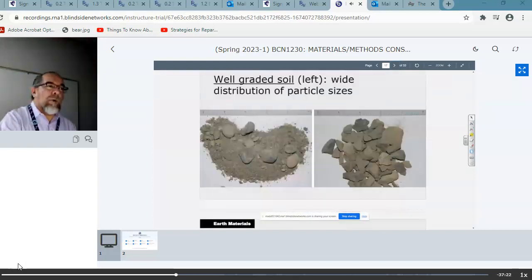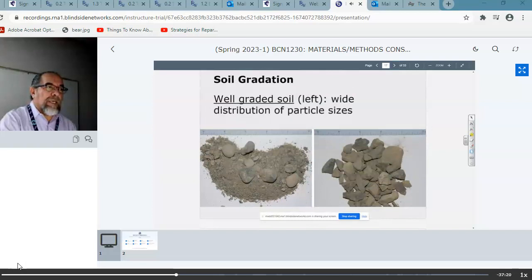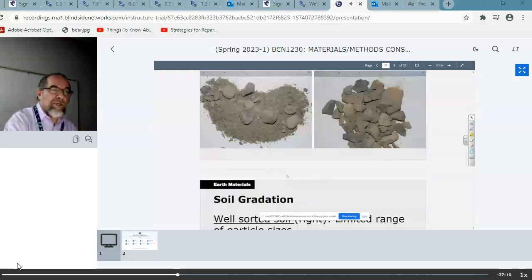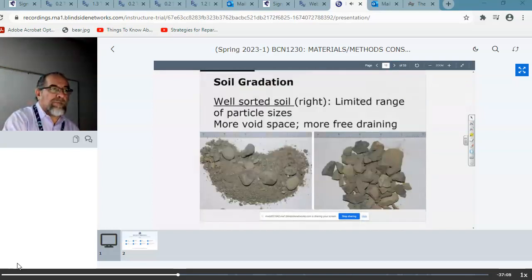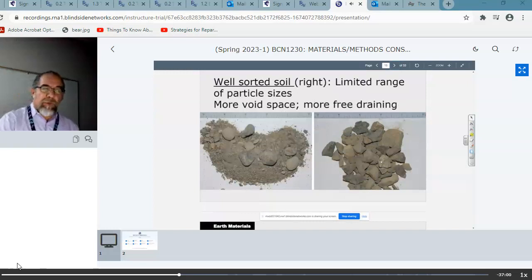Here is well-graded soil on the left, with a wide distribution of particle size. This well-graded soil has smaller particles that can fit between the structure of larger particles. Well-sorted soil on the right has a limited range of particle sizes. It's more uniform, with more void space and more free draining.